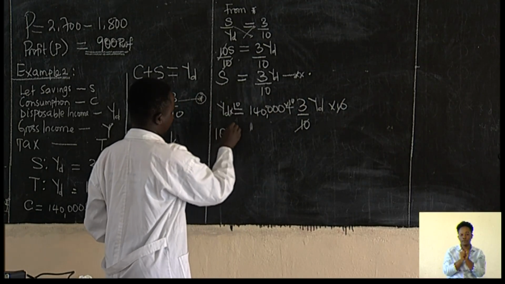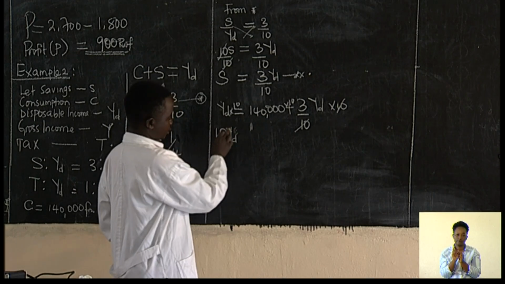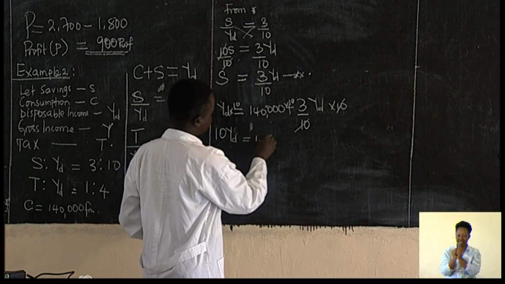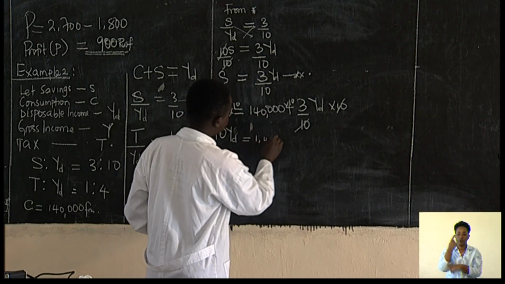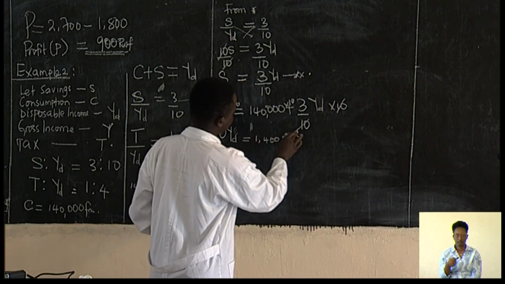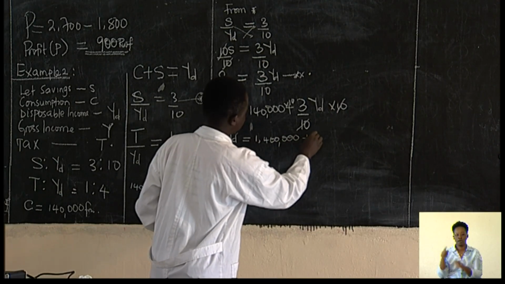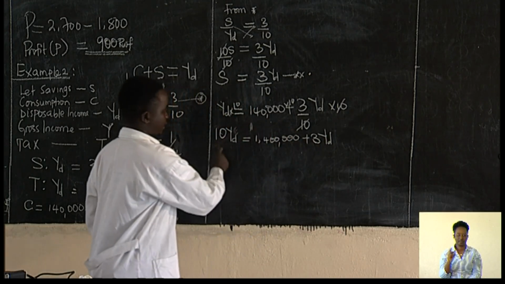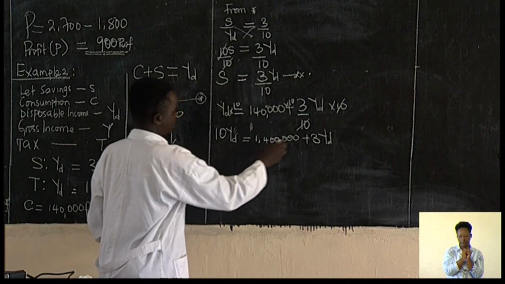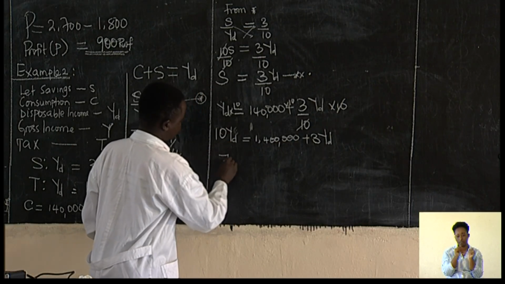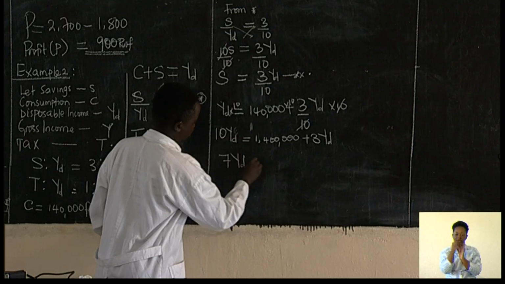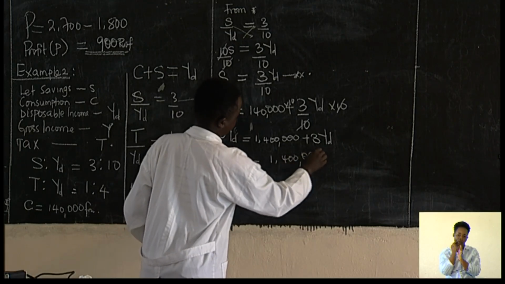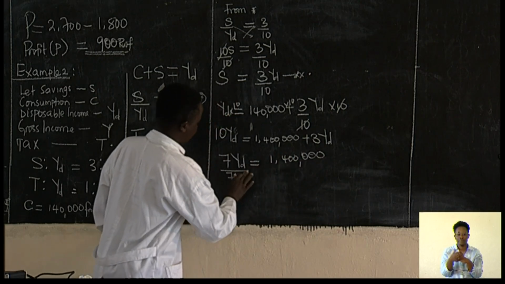So we shall have 10YD, which is our disposable income, equaling 10 times 140, that is 1,400,000, plus 3 disposable income. Then if you bring this side, you collect like terms, and you remain with 7 disposable income, which is equal to 1,400,000. So to get our disposable income, divide by 7.